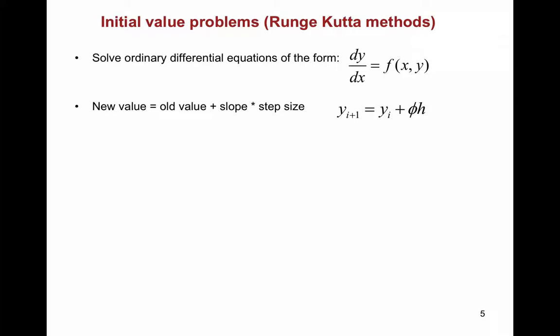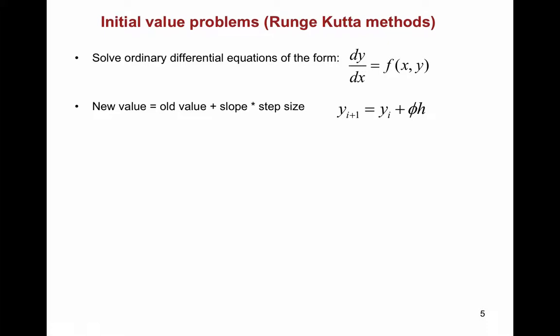And that point, xi, yi, has a value xi. This is my previous or a starting point. And it has a value yi that I have either been given as an initial condition or I already computed somehow in this iteration.